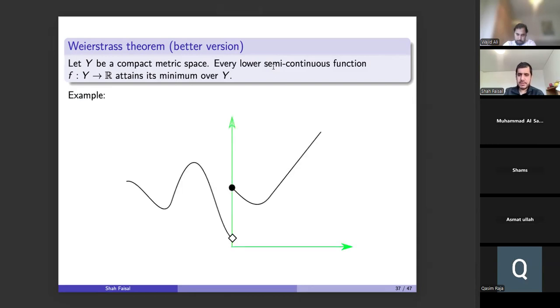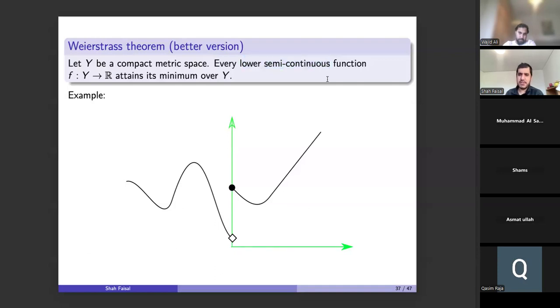Okay, first of all, consider an example where a function is not lower semi-continuous, which has no minimizer. So the lower semi-continuity is really important in this case. For example, this function is continuous from the right, but it jumps, and it has no minimizer, right? So the message is that this lower semi-continuity is really important.